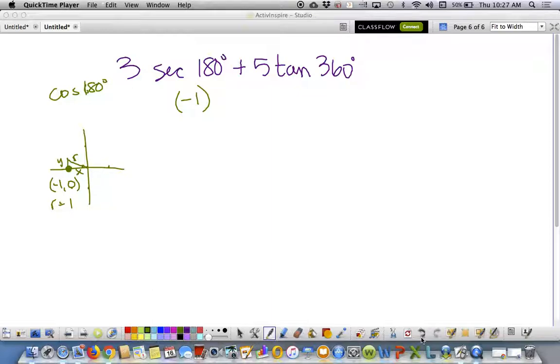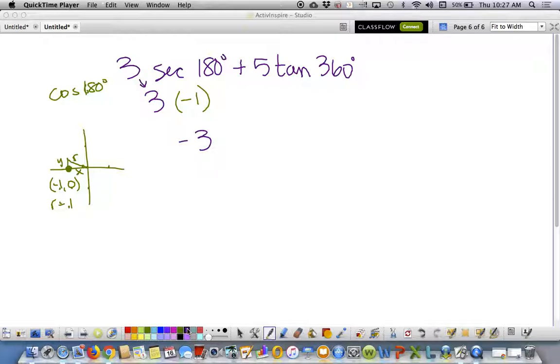So x is your -1, your r is 1. When we reciprocate that for secant, it's 1 divided by -1, which is -1. Does that make sense? Now we're going to multiply it by this 3 that's here. So 3 times -1 is simply -3.